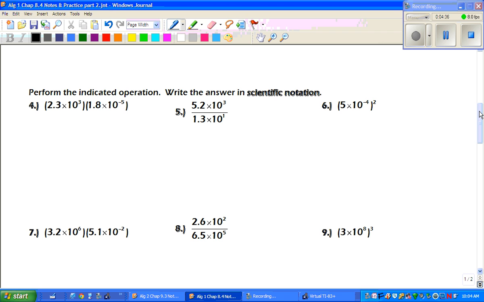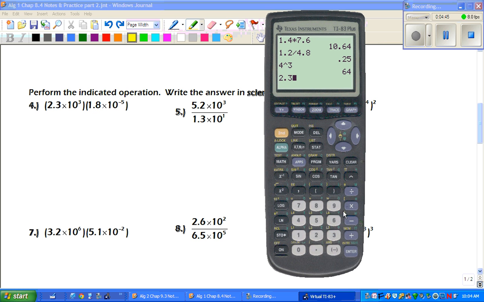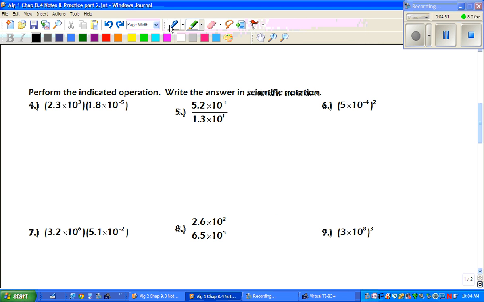So it says perform the indicated operation. So we have to multiply the numbers. 2.3 times 1.8 is 4.14 times 10, 3 and negative 5 gives us a negative 2. And you know what?